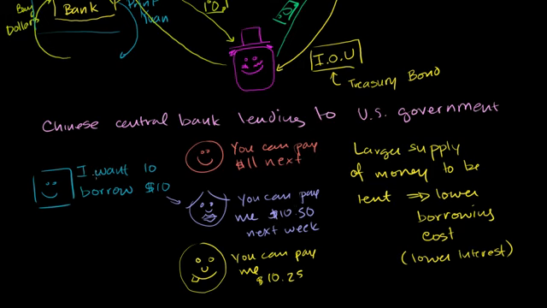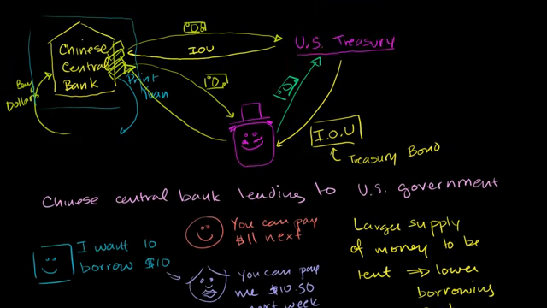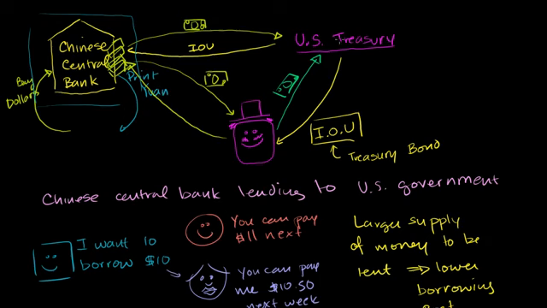So this is just a small example with me trying to borrow $10. The more people there are, the more competitive that is, the better an interest rate I'll have. So you just take that same notion to a macro level. The US government is constantly borrowing money. The more people out there willing to give it money, willing to buy the US government's IOUs, the lower the interest rate will be.